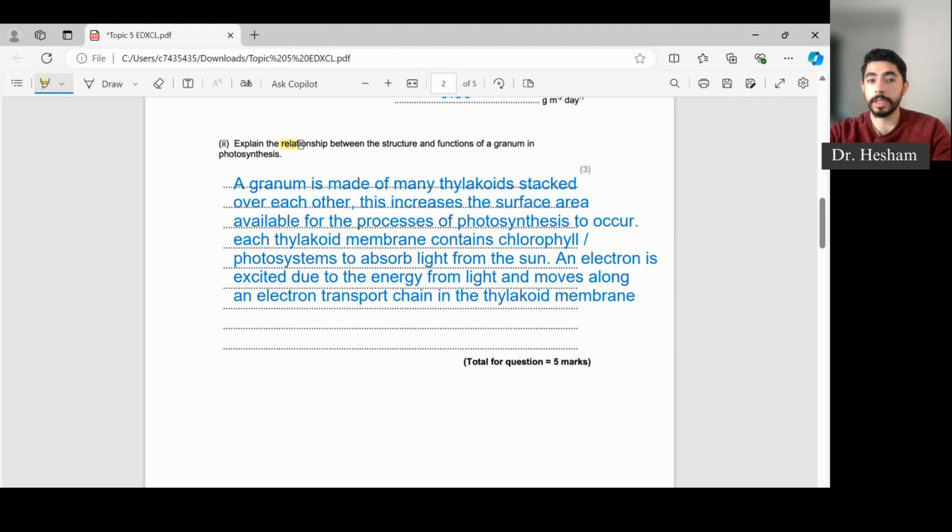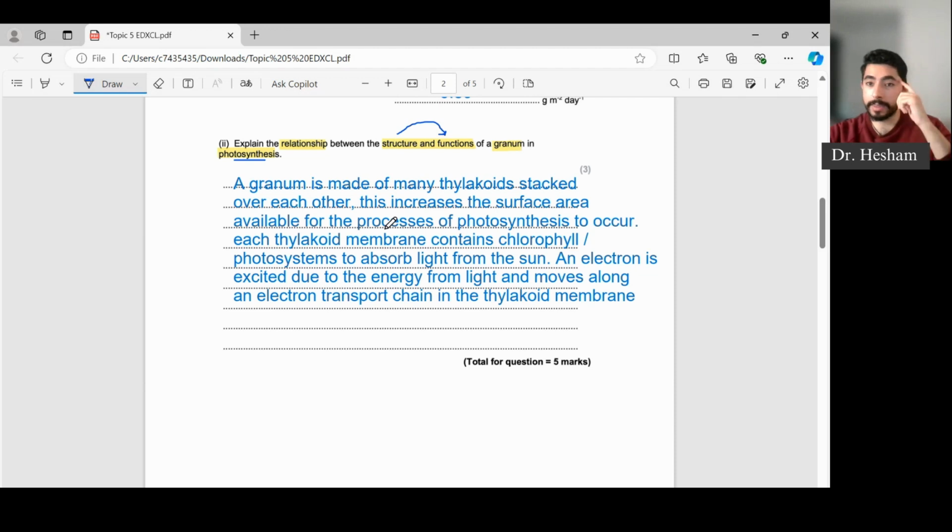So the keywords are relationship, structure and function of a granum for photosynthesis. So you need to talk about the relationship between the structure and function. So how the structure of a granum enables it to do its function during photosynthesis. So they want you to speak about the properties of the granum which enable it to be perfect for photosynthesis.